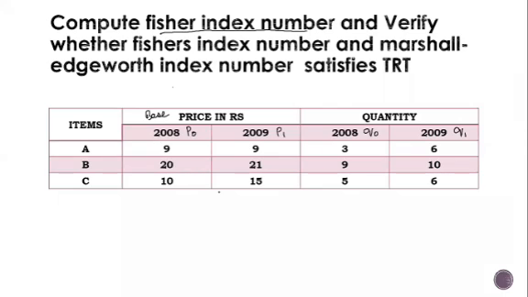Also they have asked us to verify whether Fisher index and Marshall Edgeworth satisfy TRT. So we will write the formula as per the TRT. TRT is equal to price of the base and the current year into price of the current and the base year is equal to 1.